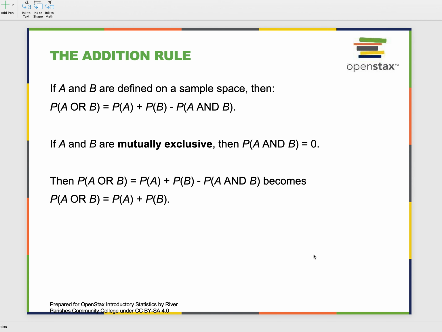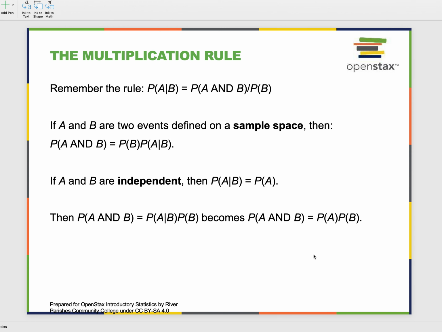And so the probability of A or B just becomes the probability of A plus B. So mutually exclusive means the OR probability becomes additive, and for independent events, the probability of A and B becomes the probability of the 2 things multiplied by each other.